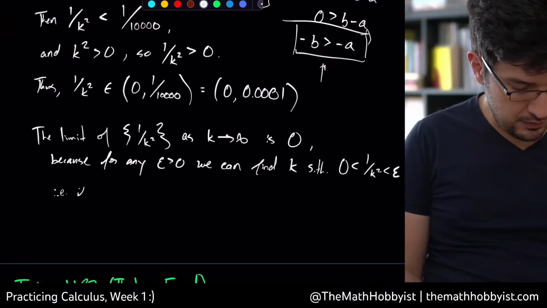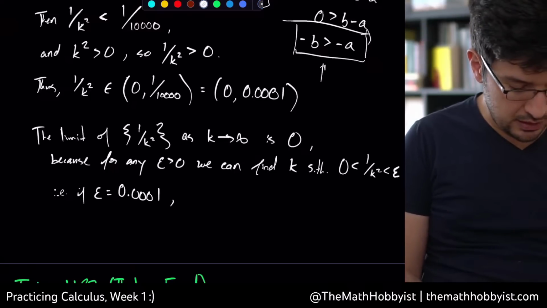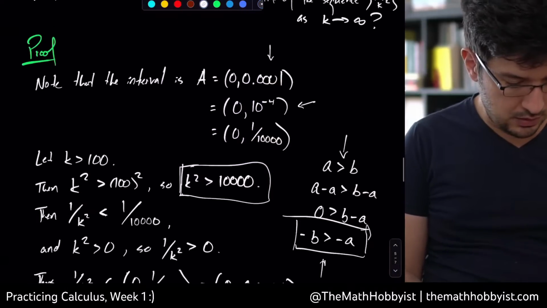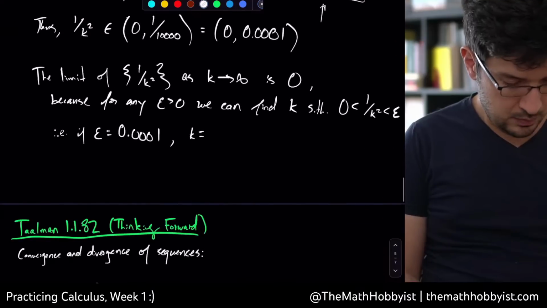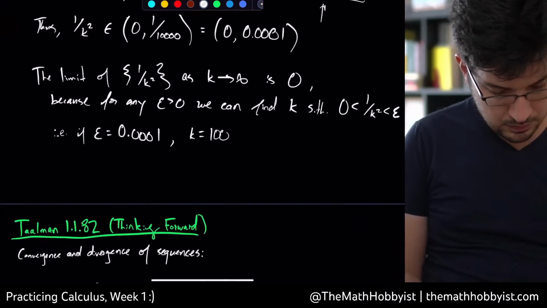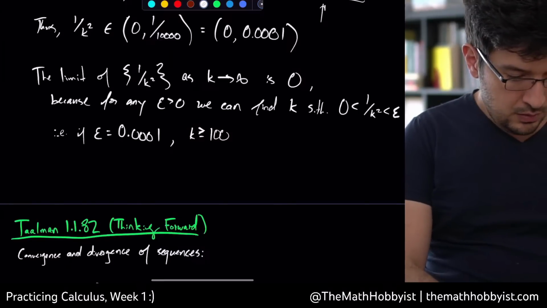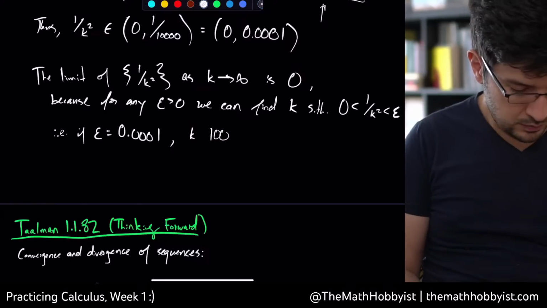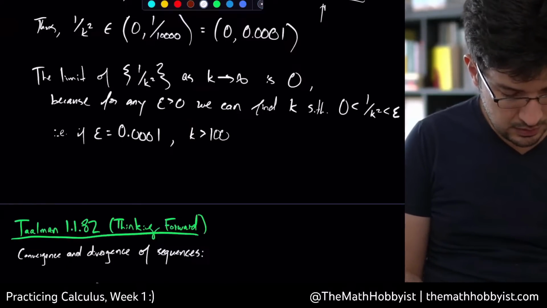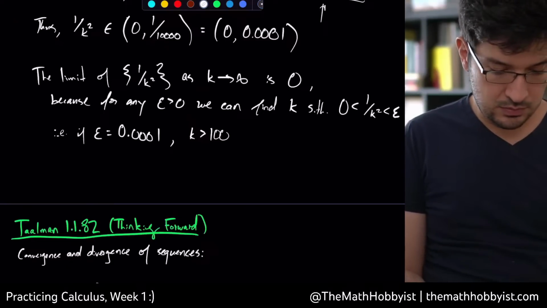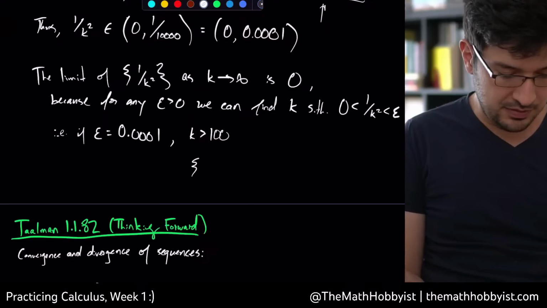I.e., if epsilon is a very small number, 0.0001, we can take the 100th element of this sequence.